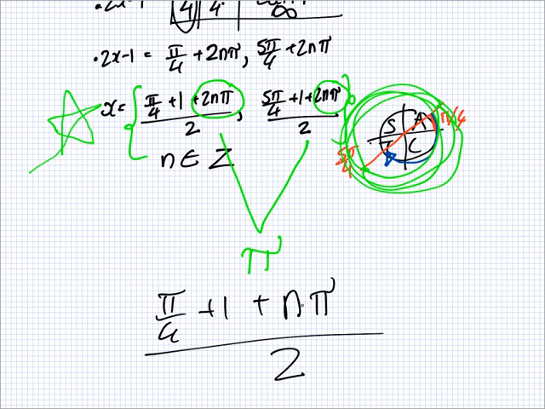And again, you might think, no, it should be 2n. Well, that's fine. That makes this answer. But let's say n is 5, then what is this one here? 10 pi. But this one will be like 11 pi, because you'll have 10 pi here, plus 1 extra pi. So if you really think about it, you combine these two into this.